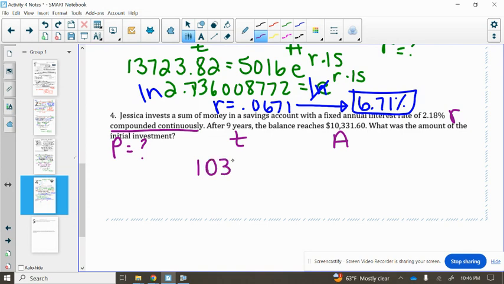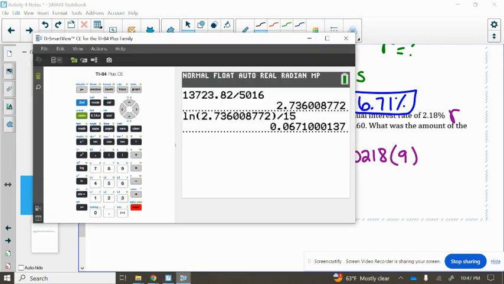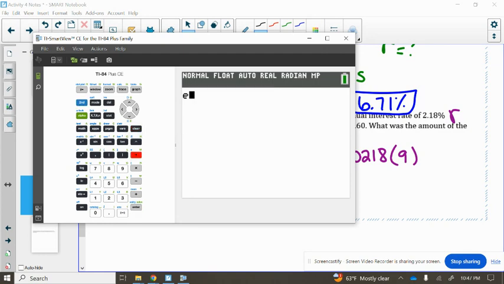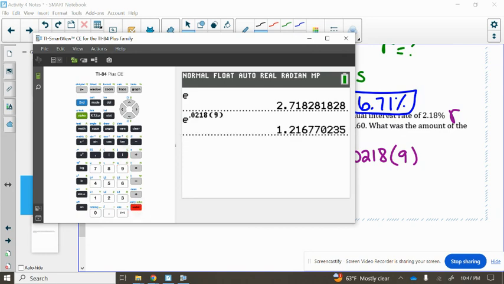So this time, we are going to set this equal p times e to our r value, can convert to a decimal, times our t. Now, e, remember, is officially a number, right? e is a stored value of about 2.718, right? So we can take e to our r times t and get an actual number here, right?